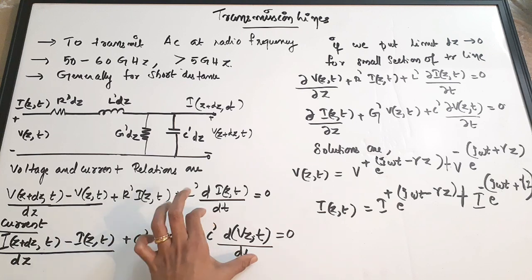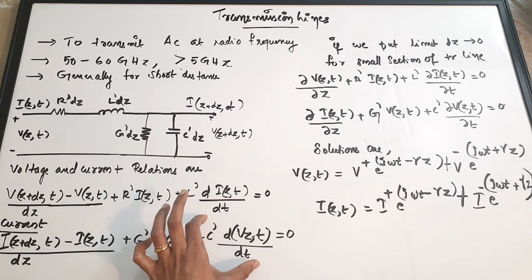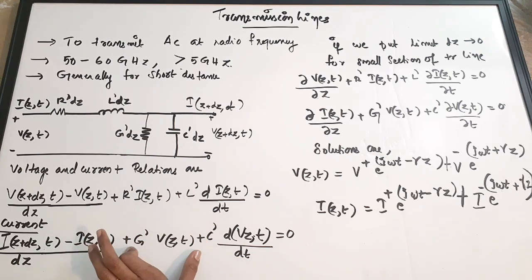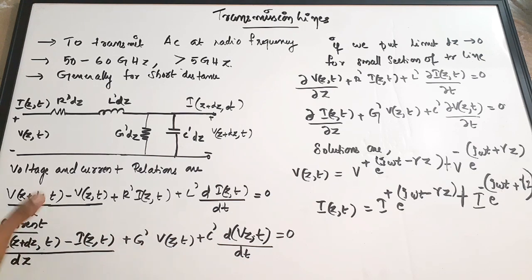This is a basic equation for the capacitance and conductance elements. So this is the current equation for this transmission line.